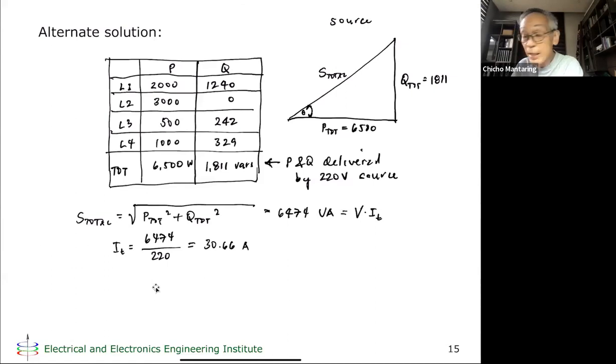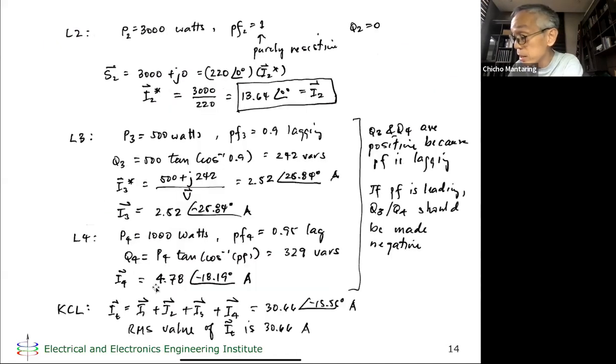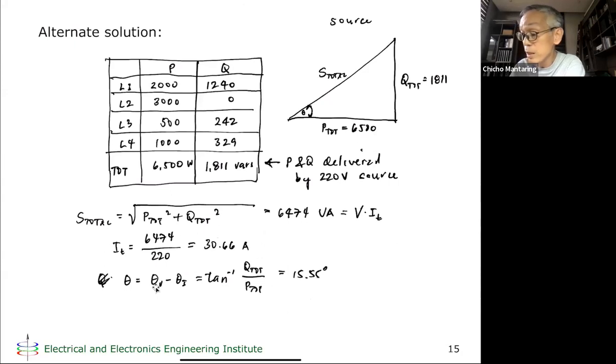Okay. And then the same thing, no? Theta, which is theta V minus theta I, is the arctangent of Q total over P total. And this is going to be 15.55 degrees. If I just divide this one by this one, you get the arctangent.